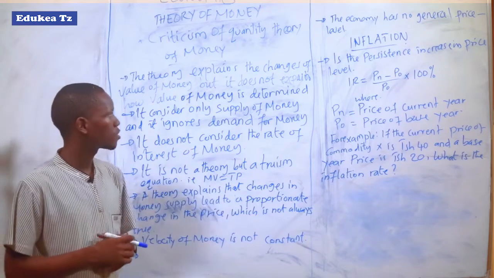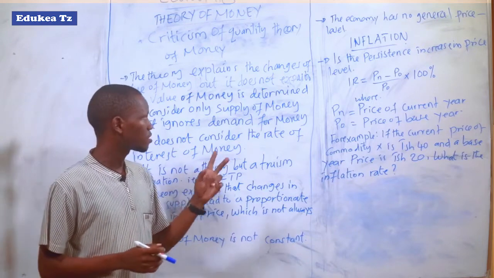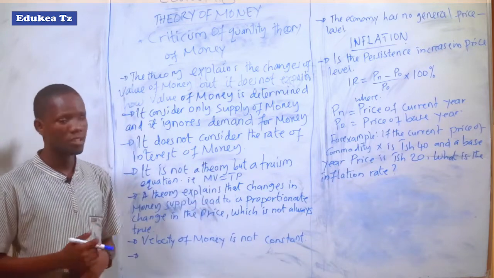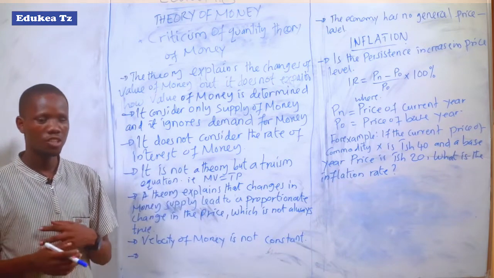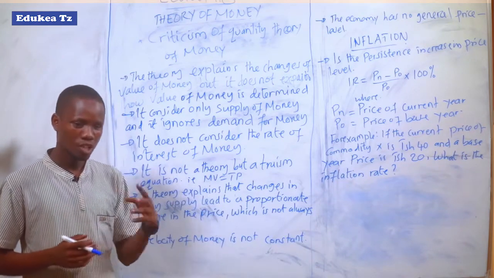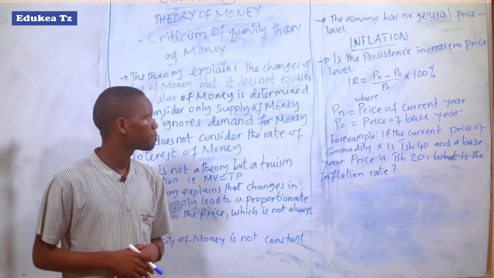Let's look at another part, which is inflation. Inflation is the persistent increase in price level. It means that the price of goods and services is rising day to day. As days go on, the price also increases.